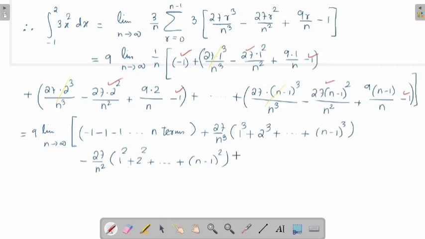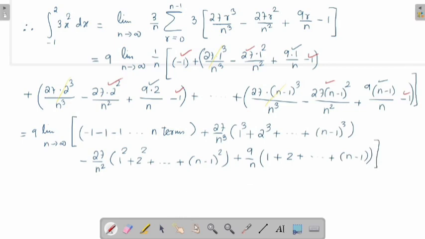And at last we have this one. In this one and this one, 9 by n is common with positive sign. If I take 9 by n common, from here you get 1, from the next one you get 2, it continues and it ends up with n minus 1. Okay, now we are done.